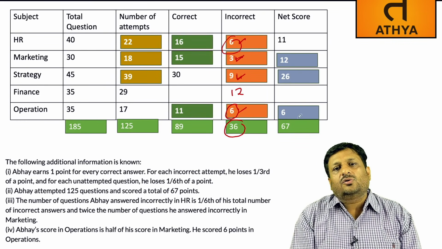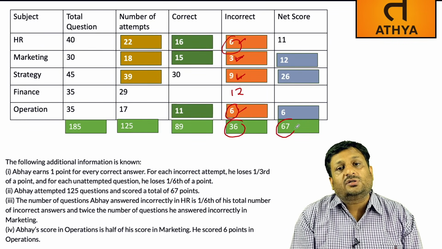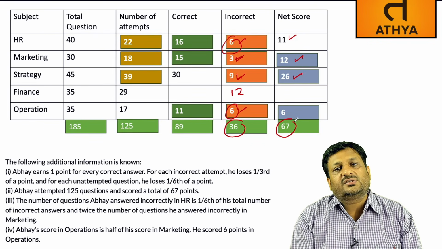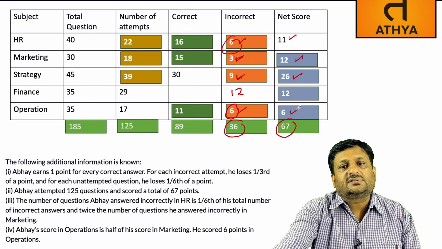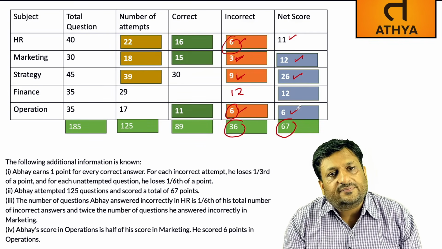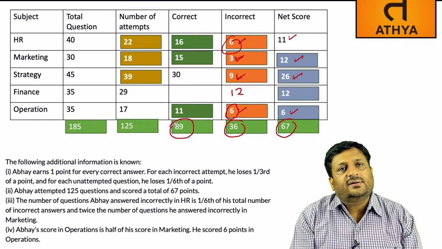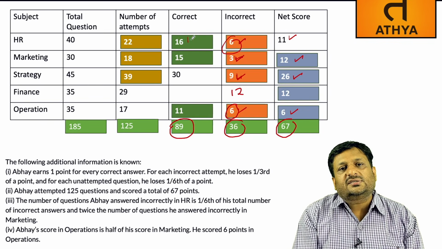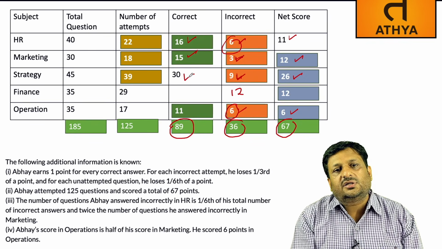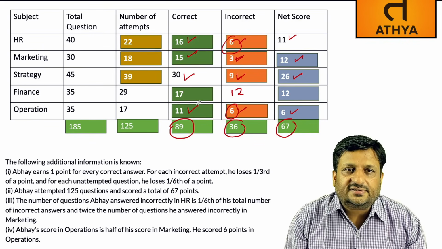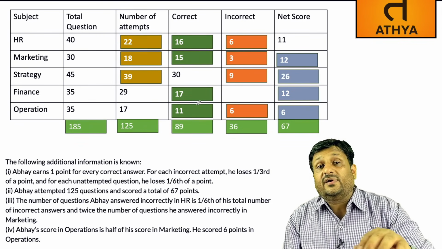And what is the net score? 67 is the total score. So 67 minus 11 minus 12 minus 26 minus 6 makes 12 as the net score here. So how many are correct? Total corrects are 89. So 89 minus 16 minus 15 minus 30 minus 11 will make 17 as correct answers here. So we have filled the table.